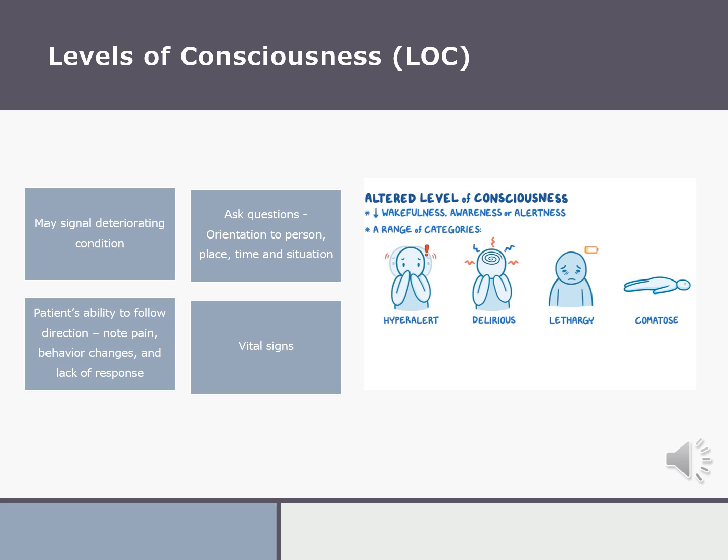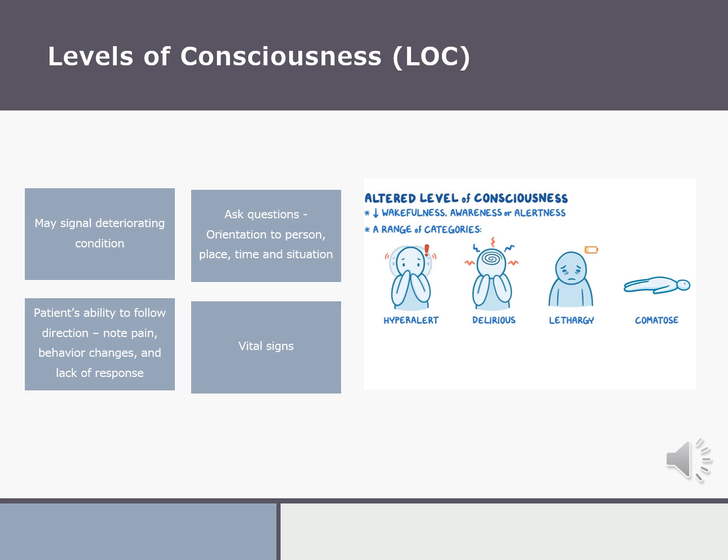A critical indicator of deteriorating condition is a change in the patient's level of consciousness. Even subtle changes may not be disregarded. Level of consciousness can be assessed by asking the patient basic questions about their identity, date, location, and reason for being in the imaging department.